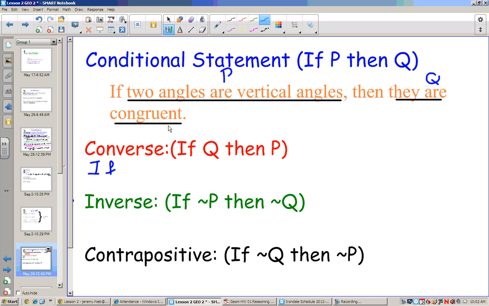Now it doesn't really make sense to start a statement if they are congruent because we don't know what they are. So we have to write what they refers to. So you think, what does they refer to in this problem? They refers to two angles. So we would say if two angles are congruent, then P, which is this first part. Now two angles, we can write two angles again, but we could also just turn that to a they, because we've already referred to it.